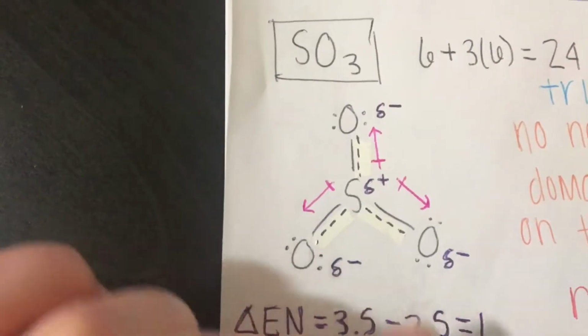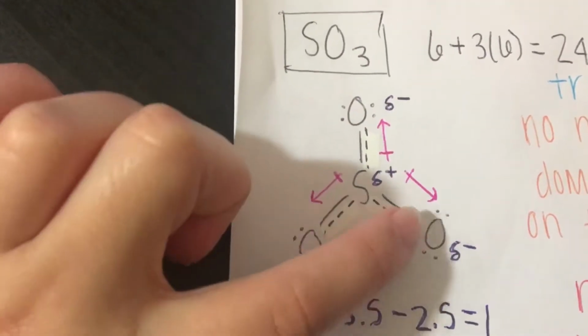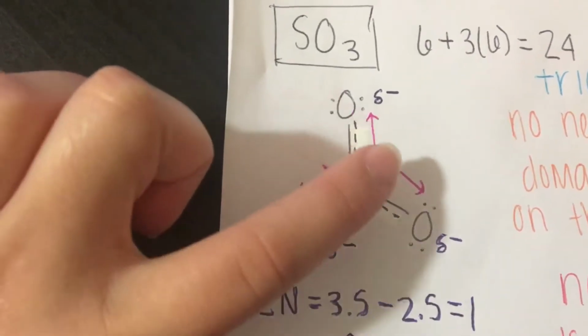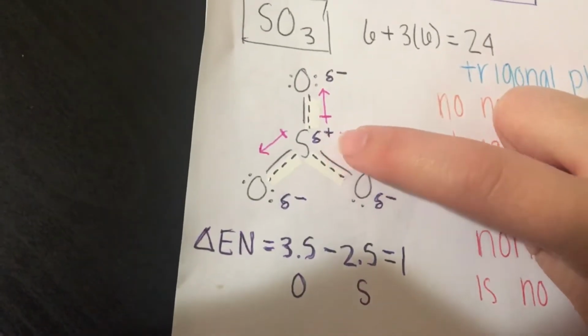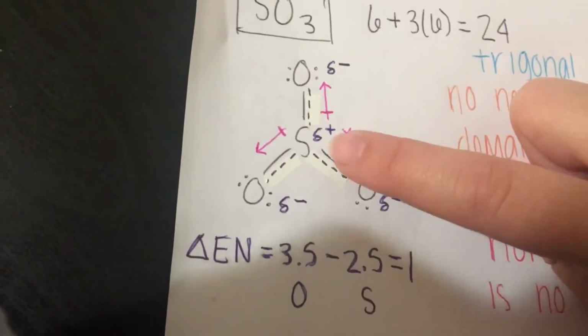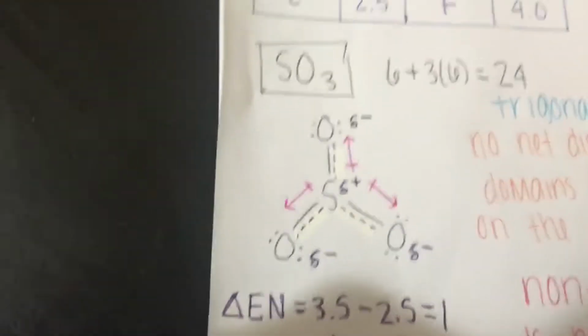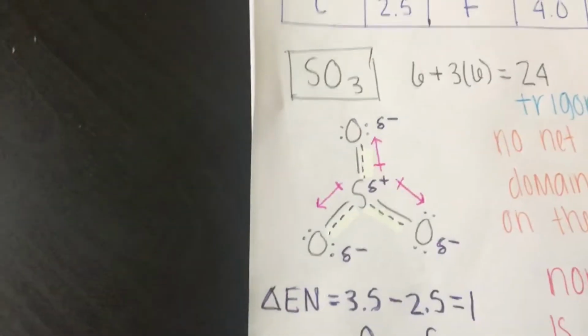So then you'll draw the Lewis structure, and the S would go in the center because there are 3 oxygen atoms. First you put 1 bond on each, and then you add the outer electrons on oxygen. Since it's 24, to make it even, you have to make it a resonance structure where the electrons are shared between the 3 oxygens to get the 24 and to get all the bonds to be even.